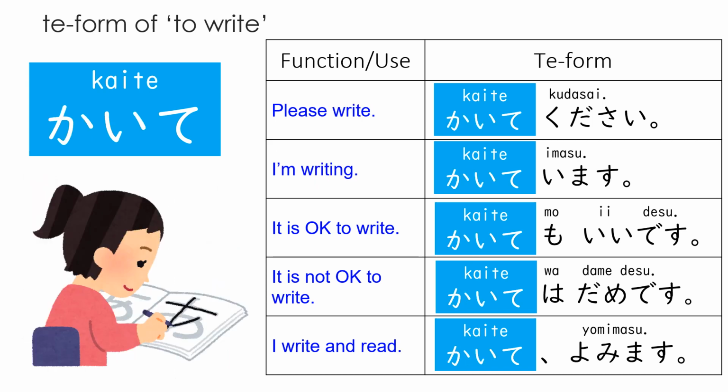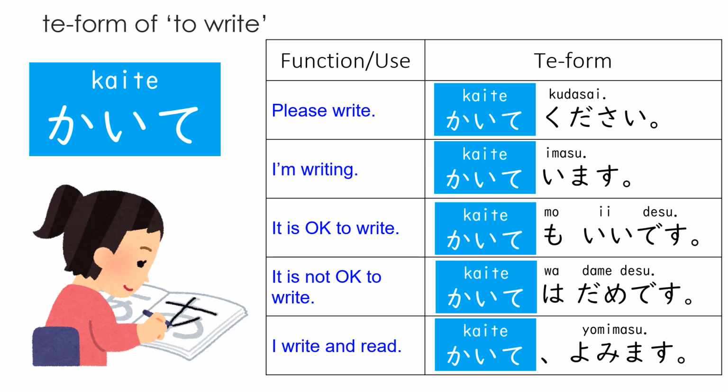Next example is the te form of the verb to write, which is 書いて. So, please write is 書いてください. I'm writing 書いています. It is okay to write 書いてもいいです. It is not okay to write 書いてはダメです.